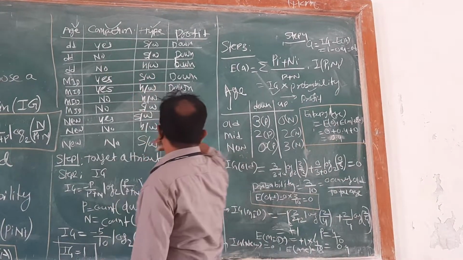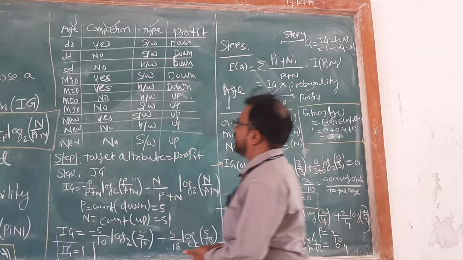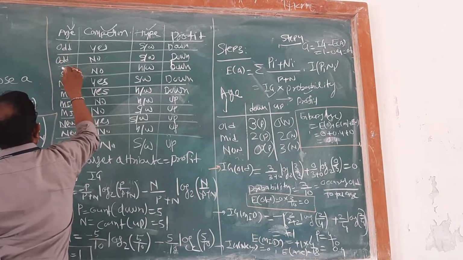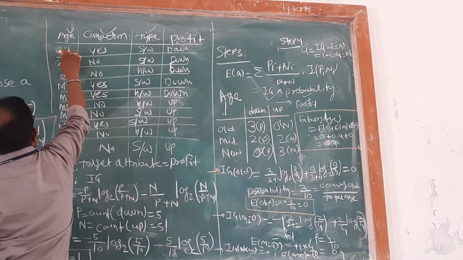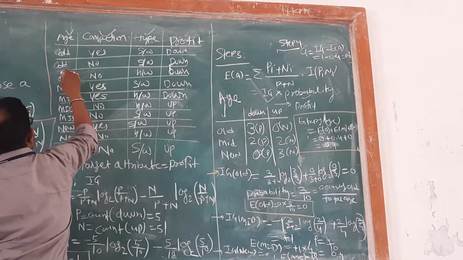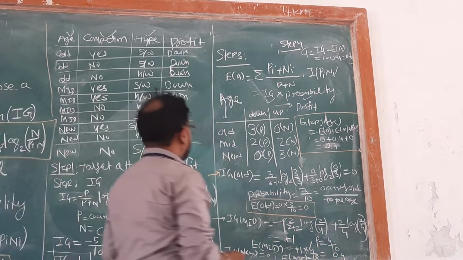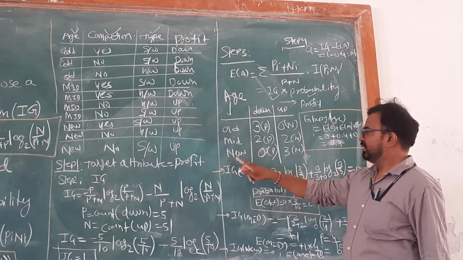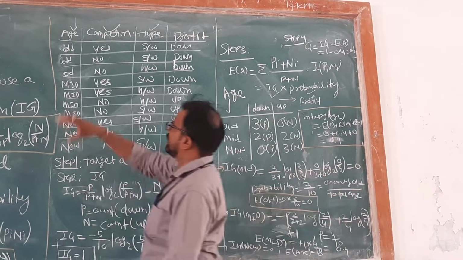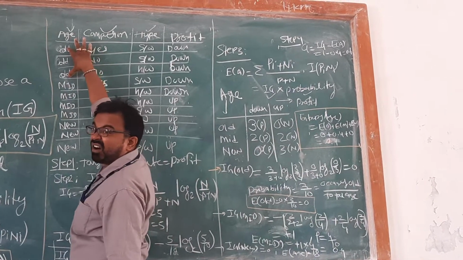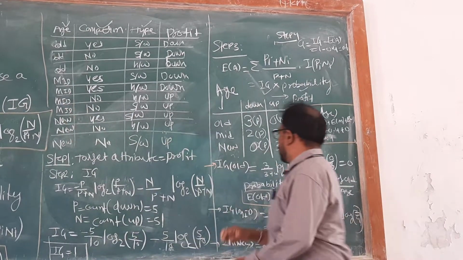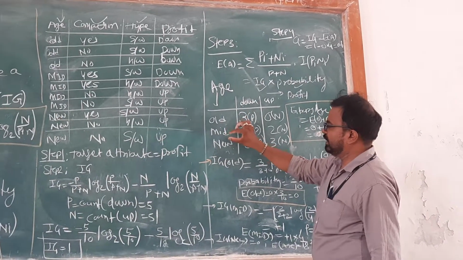For this age you can see there are 3 categories: old, mid and new.